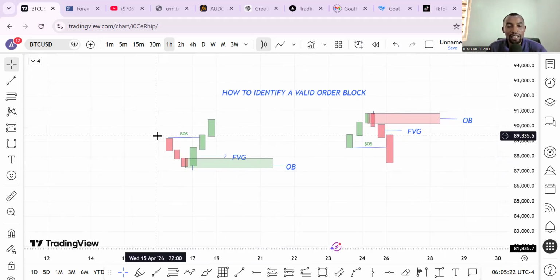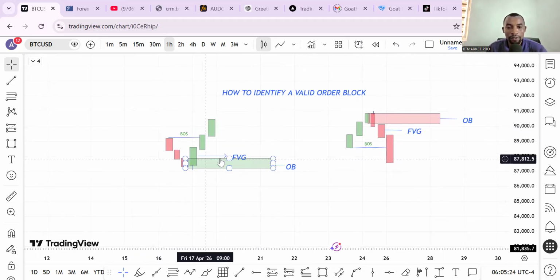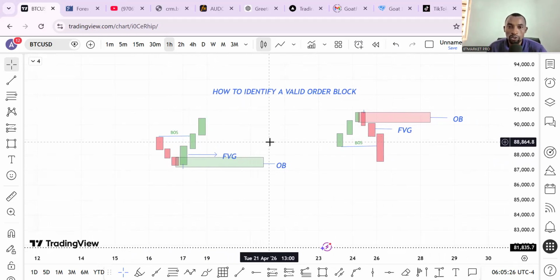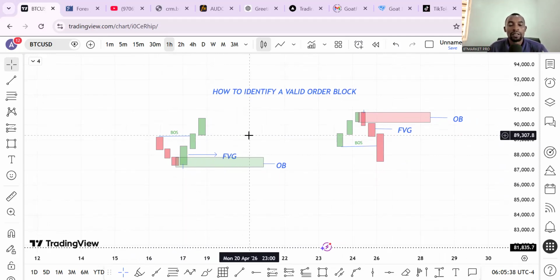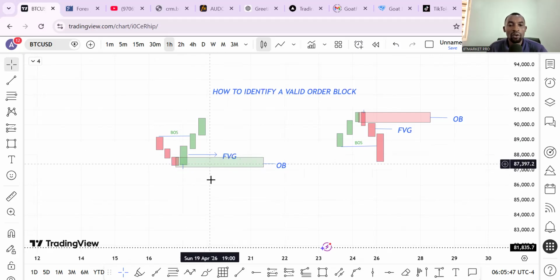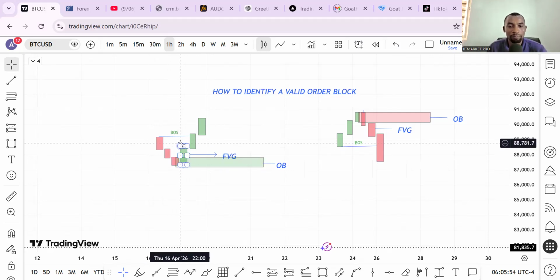Now, when you see a break of structure and a fair value gap, which candlestick will you recognize or make your order block? A lot of people draw their order block in a different way. But based on my experience in the market, I draw my order block as the last candle before an impulse.